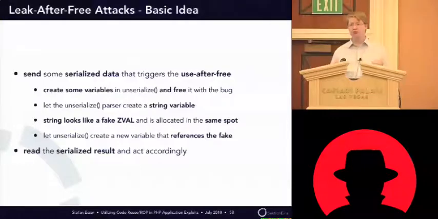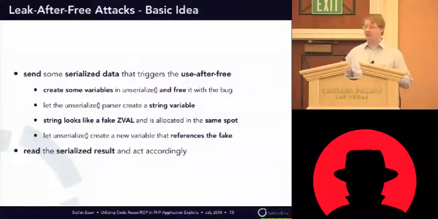And what you want to do is create some variables in unserialize and then free them. So there are a lot of pointers in the var table that point to non-existing variables, and all these variables are put to the memory cache, the free memory cache.